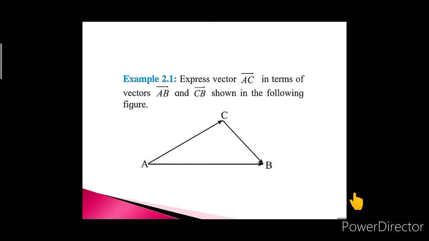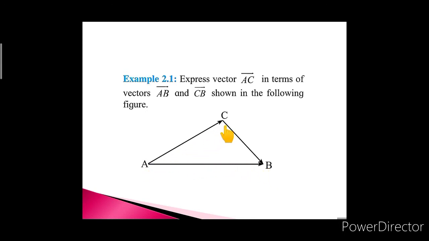Express vector AC in terms of vector AB and vector CB shown in the following figure. Over here, it is given that vector AB is given in magnitude and direction.